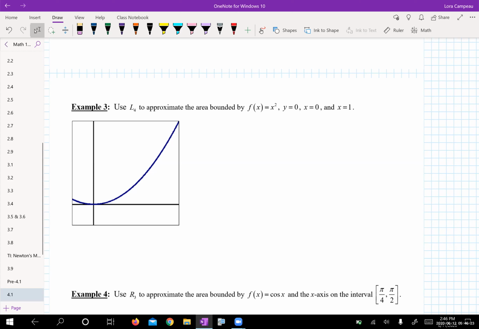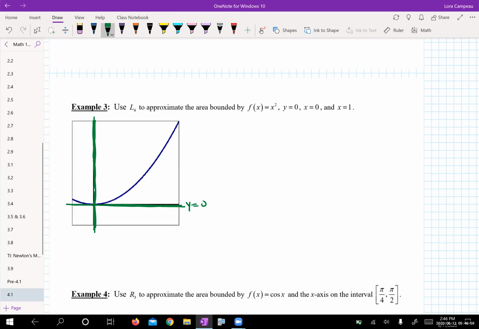Okay, they didn't specifically tell us what this means, so if you're thinking about it, you have the area bounded by the curve f of x equals x squared. Now y equals 0 is the x-axis. So you're bounding it by this curve. And x equals 0 is the, excuse me, y-axis.